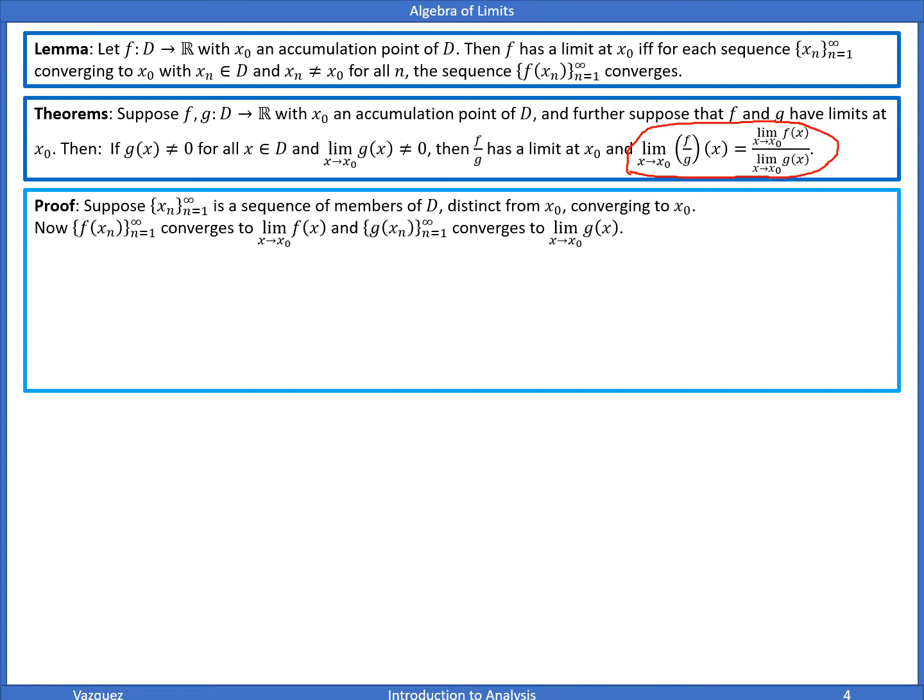Right, and that's because of our assumption that f and g have limits at x naught. And our little lemma: since g of x is not equal to 0 for all x in D, we can guarantee that g of x n is not equal to 0 for all n.